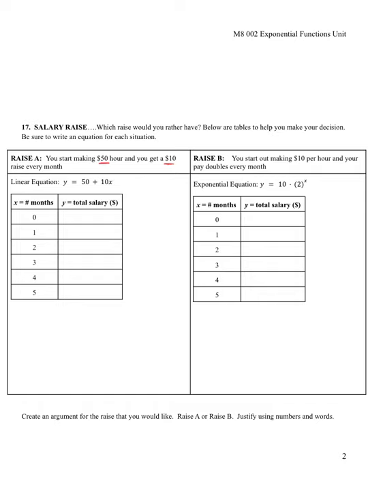So we can calculate this out, right? Here's our X, here's our Y. So the first one would be 50 plus 10 times 0. So you'd start off with 50.